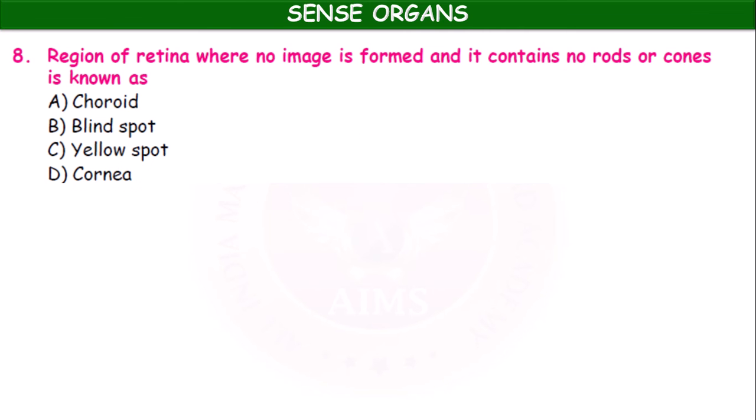The region of the retina where no image is formed and which contains no rods and cones is known as choroid, blind spot, yellow spot, cornea. It is the blind spot.